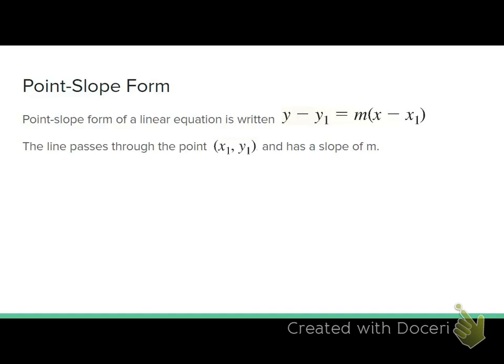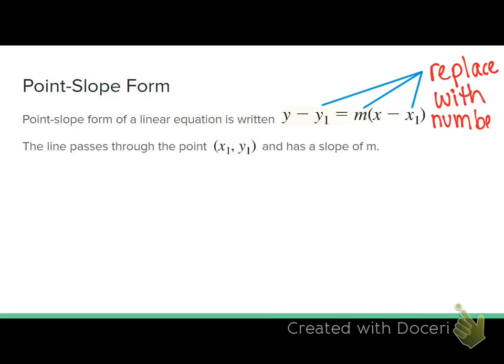So when we write it in point slope form, we are going to be replacing y1, m, and x1 with numbers. Like last week, we just replaced m and b with numbers. This week, we've got 3 things to replace with numbers. The rest of it's going to look the same.